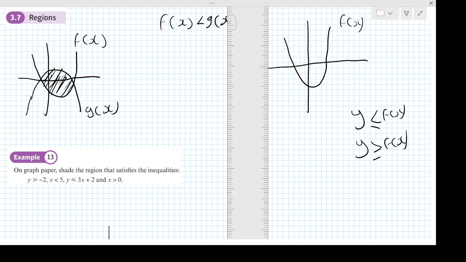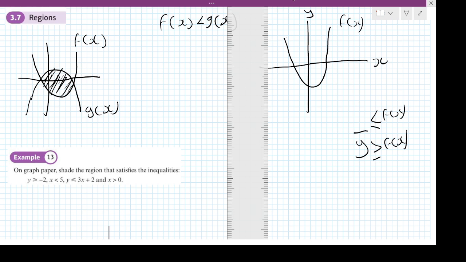We only have one actual graph, but the y values are the part of the graph we're interested in, so that's x and y. The graph we're interested in has to be less than f of x. That means the part of the graph we're interested in is below f of x.